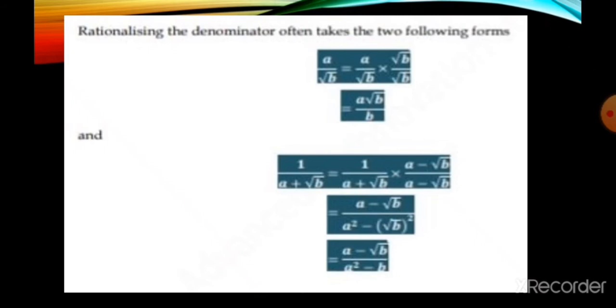So a over root b will be equal to a over root b times root b over root b. When you multiply the numerators and the denominators together, for the numerator you have a times root b, giving you a root b. And the denominator you have root b times root b, giving you b.